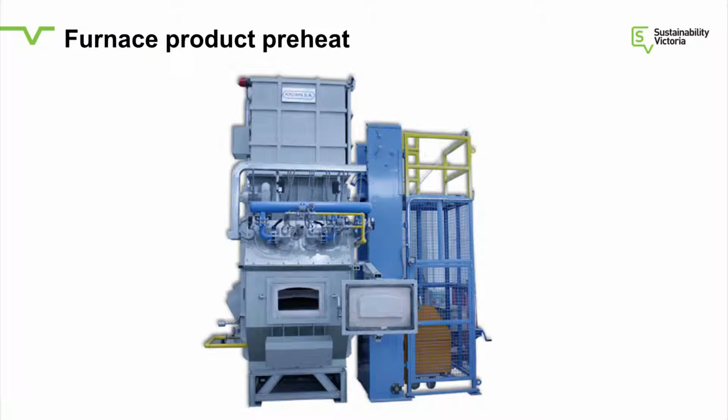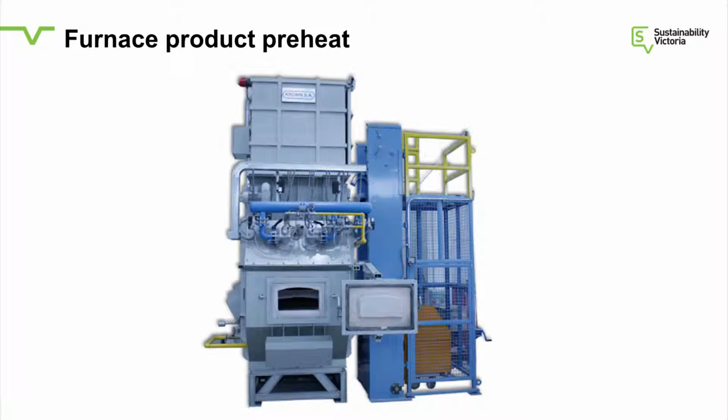So as you feed the billets through, it preheats the metal through the exhaust. So it's taking heat out of the exhaust to preheat the metal before it flows into the furnace. So you can get massive improvements in efficiency there because you're basically preheating the aluminium before you then have to use energy to melt it.